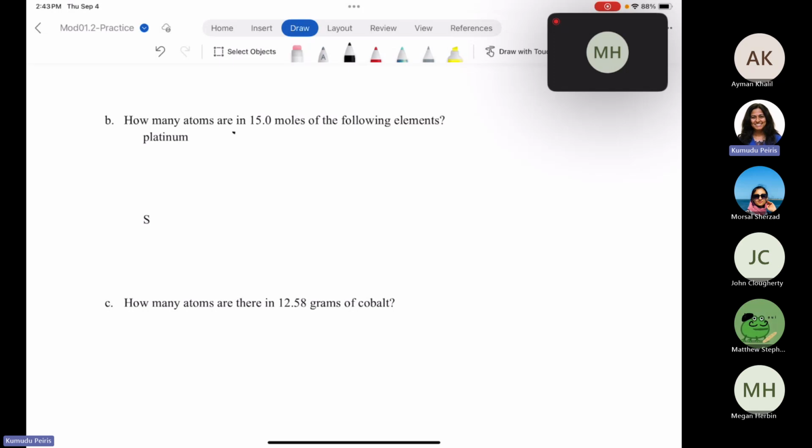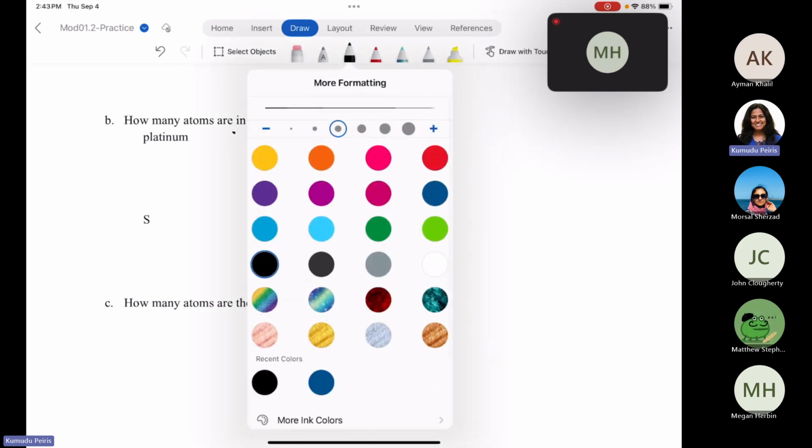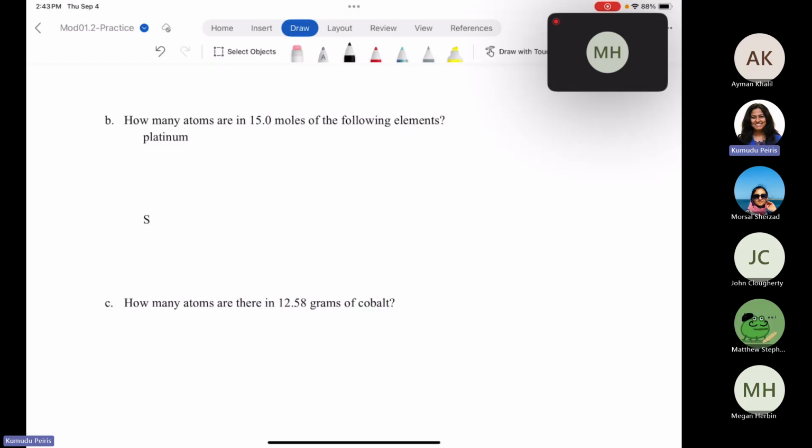So in platinum, we'll get 15.0 moles of that, and 1 mole contains 6.022 times 10 to the 23rd atoms, and that will be equal to 9.0331 times 10 to the 24.